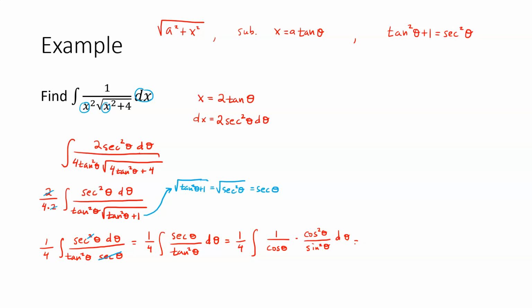And then this simplifies a tiny bit. We've got the cosine divides there, and then we've got the sine squared left over in the bottom. Okay, there's 1/4 in front, don't want to forget.